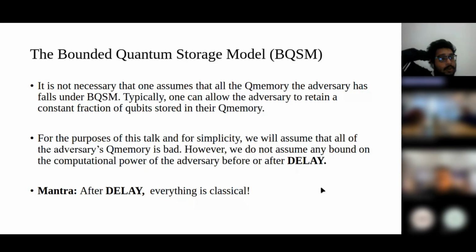There will be a global operation by some entity called nature, and that global operation will be a computational basis measurement on all registers that exist in the system. So it's not just the adversary whose memory gets affected? It's everybody, every party in the protocol.